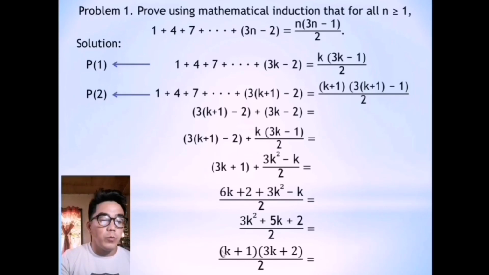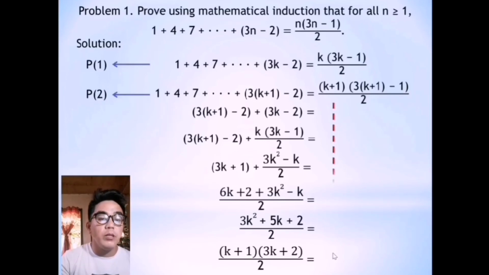So right now, how would you tell that this last row equation is equal to this? We're going to bring down k plus 1 here over 2. But how can we say that this is the same as this equation? Try to imagine: if we multiply 3 times k, that is 3k. 3 times 1 is 3, minus 1 is 2.